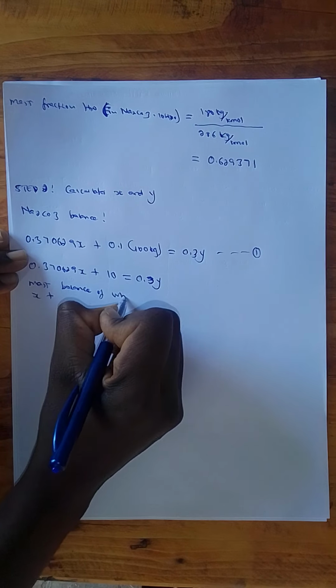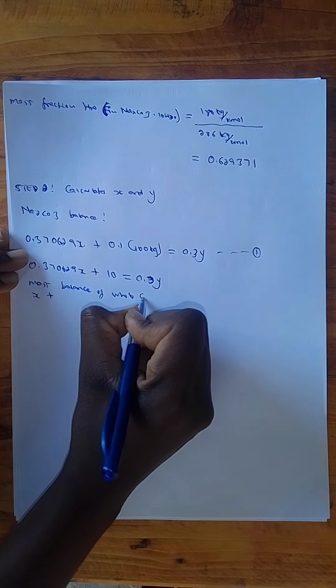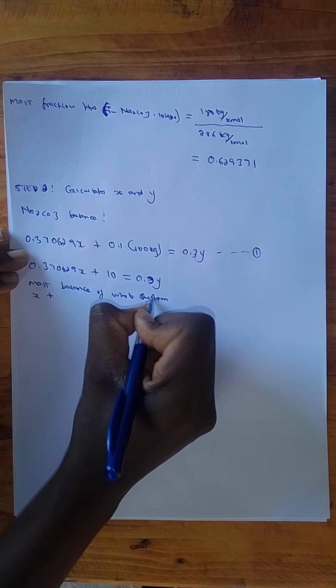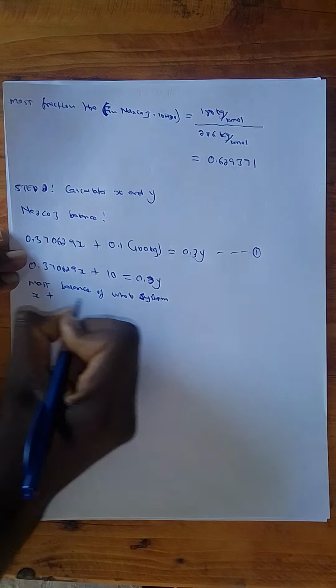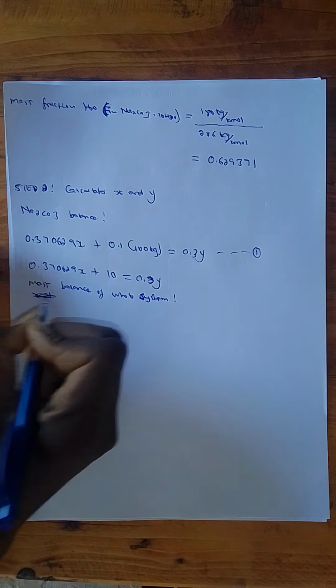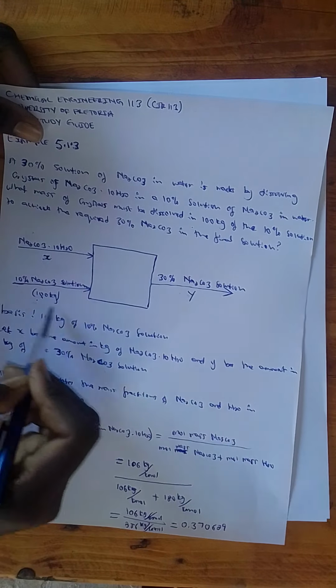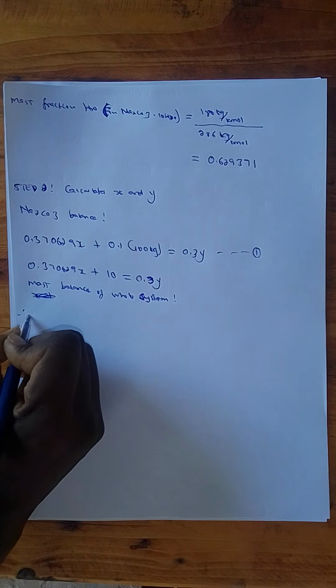We know that in the whole system, the mass in here plus the mass in here equals the mass in there.